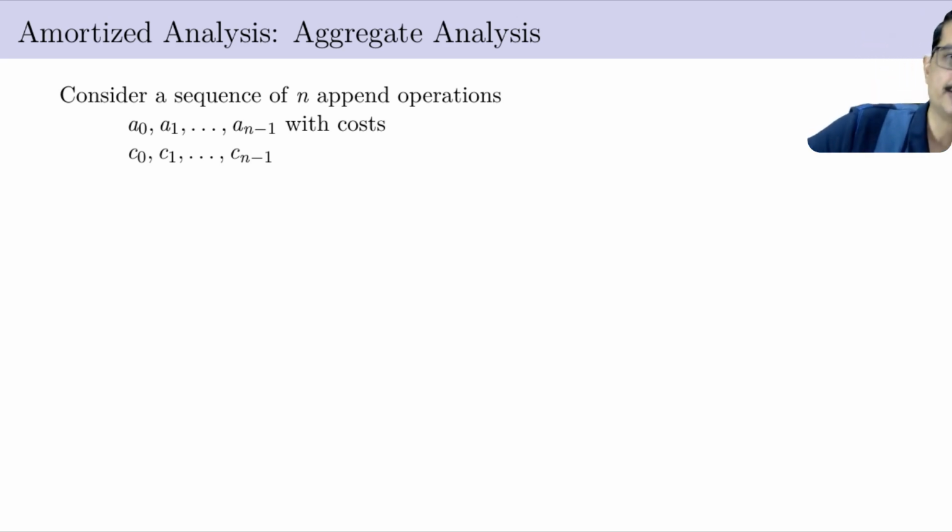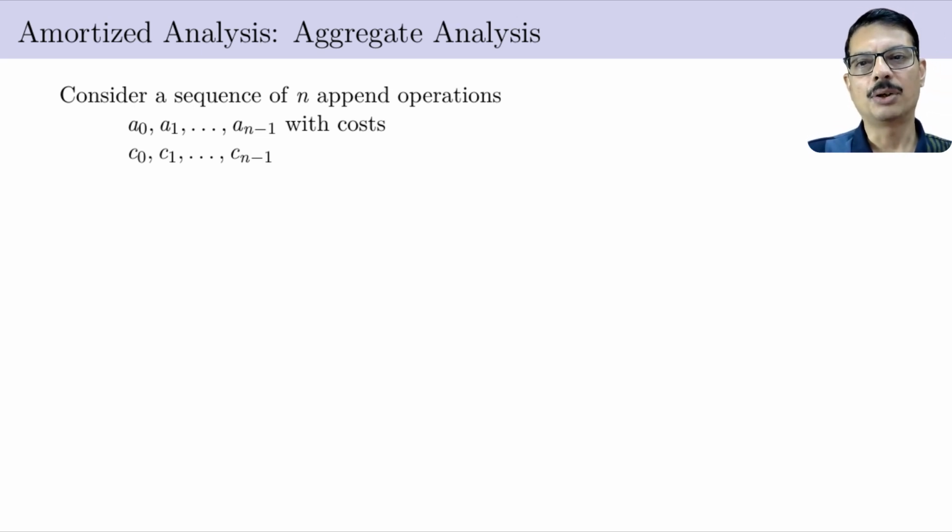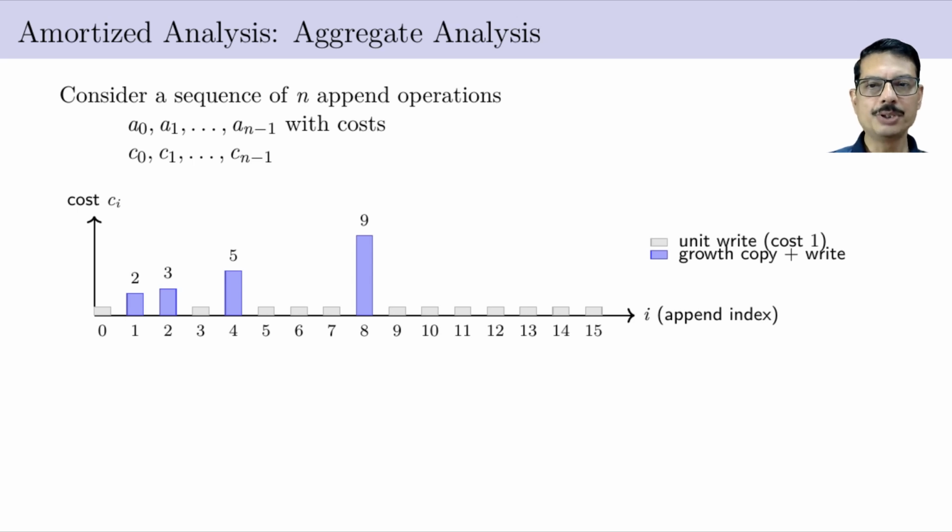So let's consider a sequence of n append operations, which is adding a0, a1, up to a(n-1). Since the cost can be different for each of these elements, we are associating cost c0 with a0, c1 with a1, and so on. So how is the cost going to look? Here is the picture.